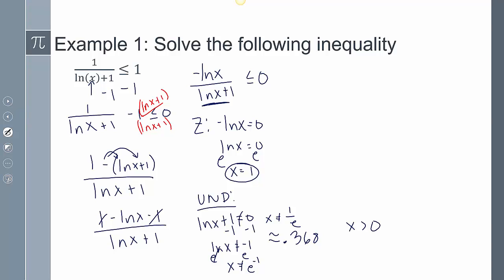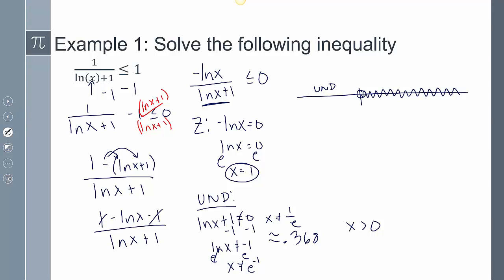Otherwise, the rest of the values, negative and 0, are going to be undefined. So on my number line, here's 0 with an open circle. All of this is undefined. Okay, all of that is undefined. If I wanted to go ahead and graph that, I could draw my little x is greater than 0.